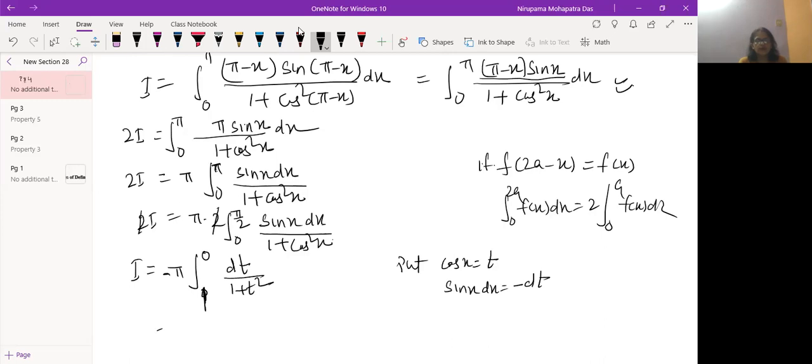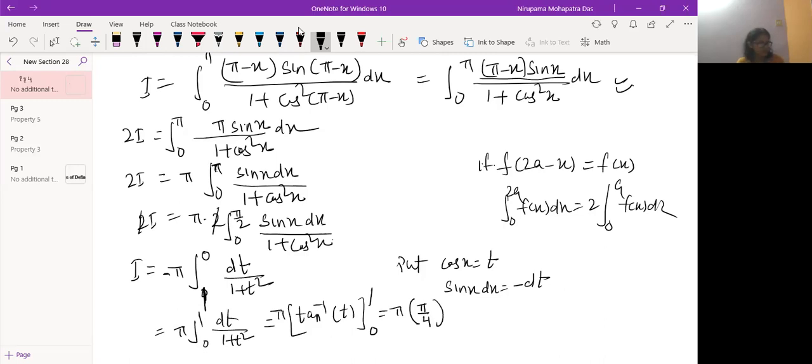So you are getting pi times integral 0 to 1 of dt by 1 plus t square. This is tan inverse t, with limits from 0 to 1, and pi is already there. That means you have pi times tan inverse 1 minus tan inverse 0. Tan inverse 1 is pi by 4. So your answer is pi square by 4.